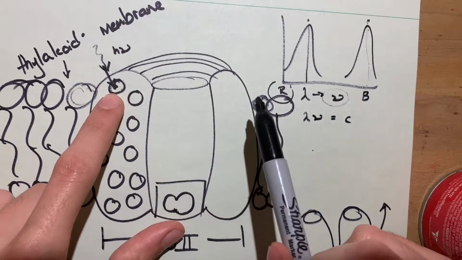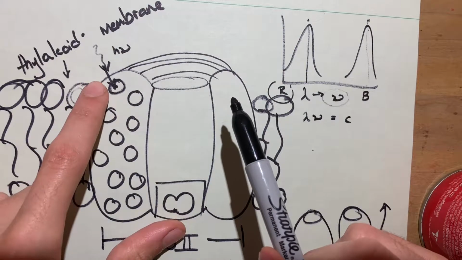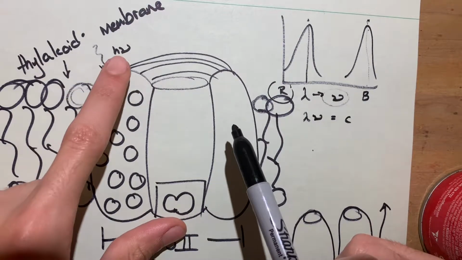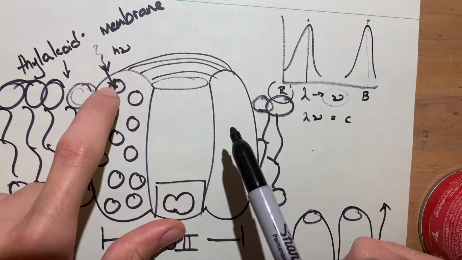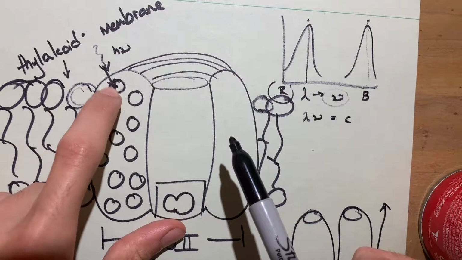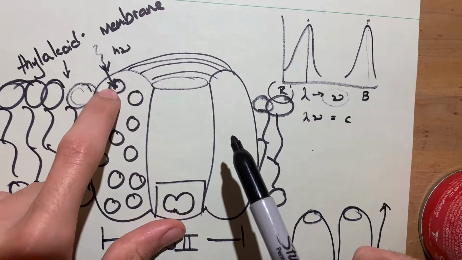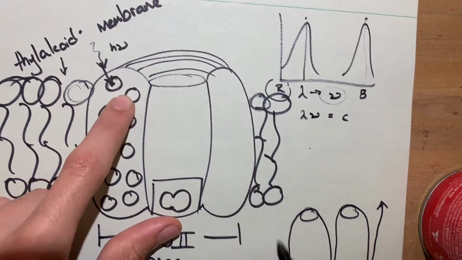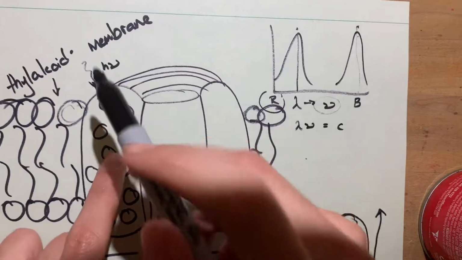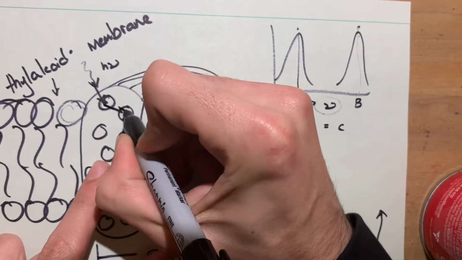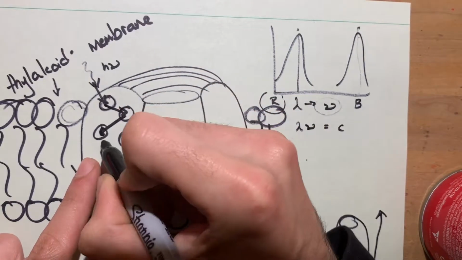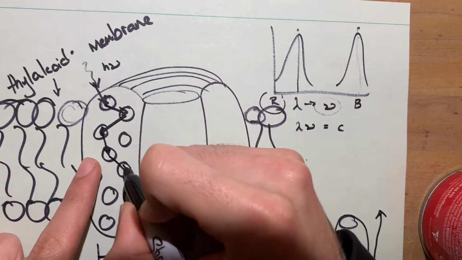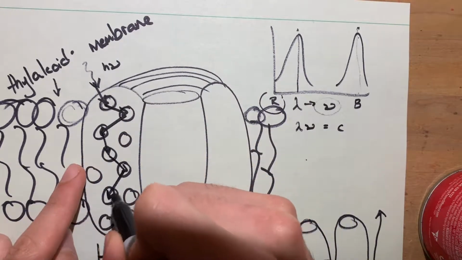And so you have light coming in, and remember, the frequency at which the incoming light hits the electron is the same frequency that this next electron is going to exhibit as it becomes excited. And this excitation is going to lead to the excitation of another one, and so on, and it's going to keep going.